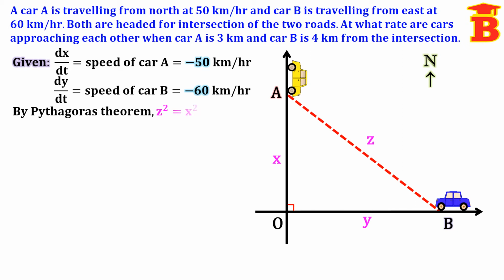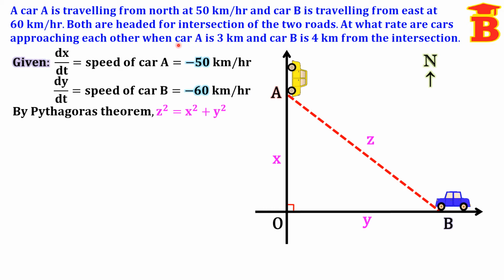So by Pythagoras theorem, hypotenuse square, that is z square, equals the sum of squares of the other two sides, that is x square plus y square. So now this is the equation. We have to differentiate this equation and find dz by dt.